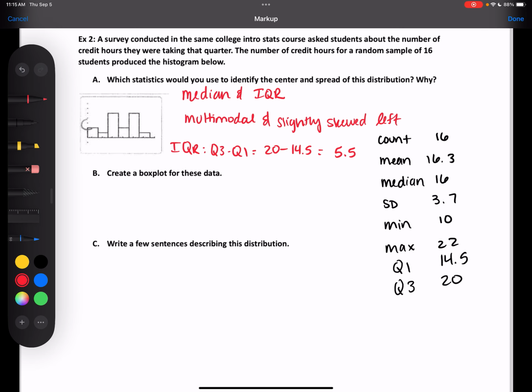So create a box plot for these data. I'm going to do it going in this direction. So I'm going to do increments of 5 from 0 to 25. And this is going to be number of credit hours.